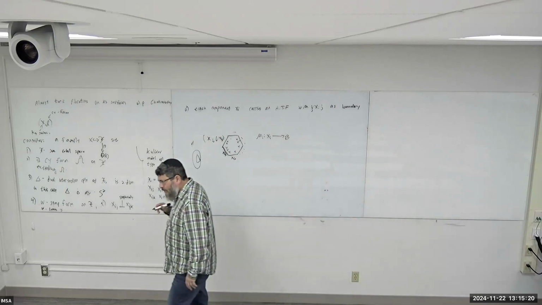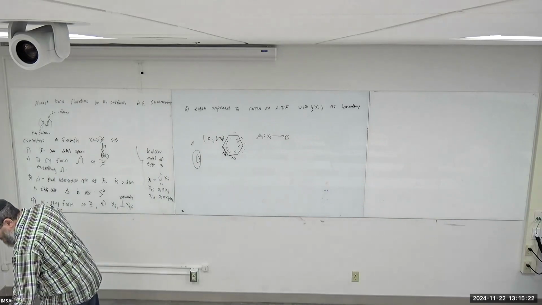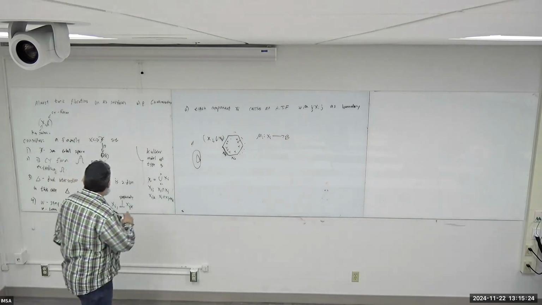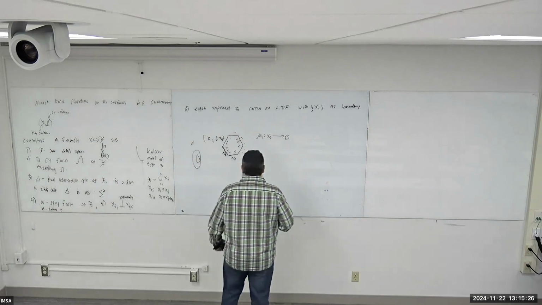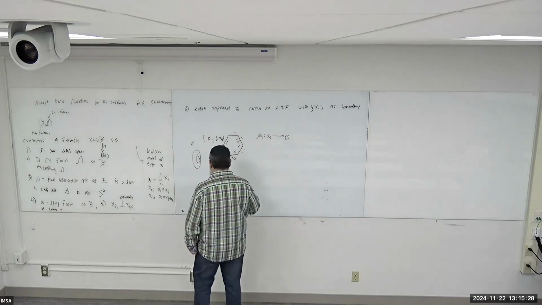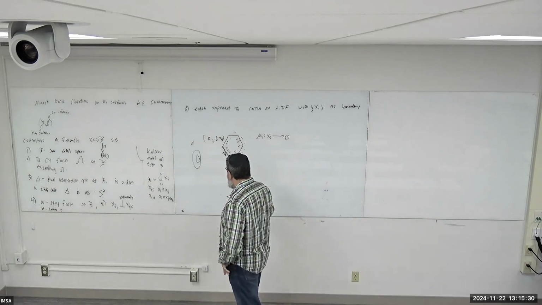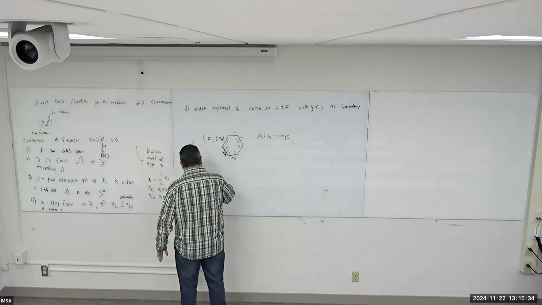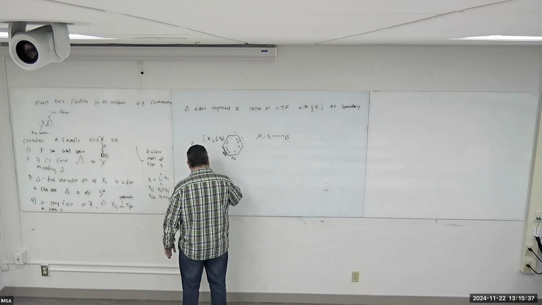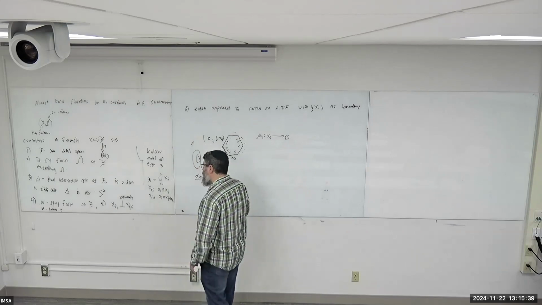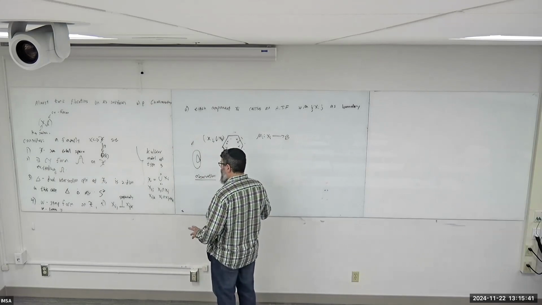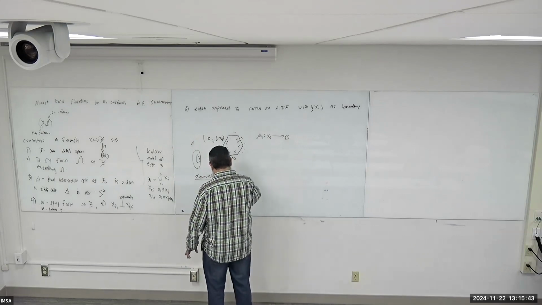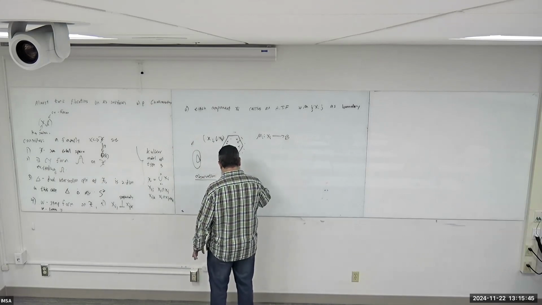So this is the setup we're working in. Now first let's make an observation. In this setup, we can define an intersection complex.